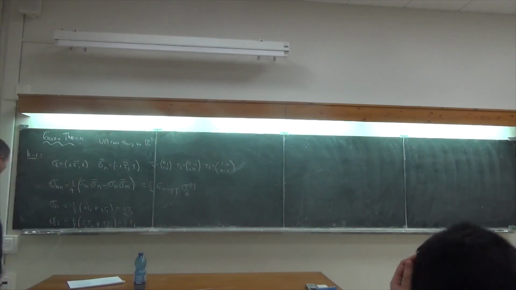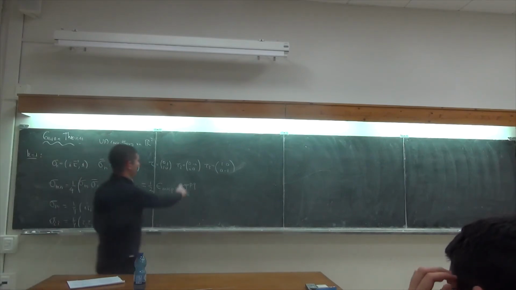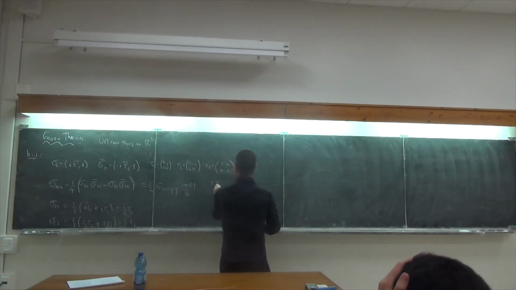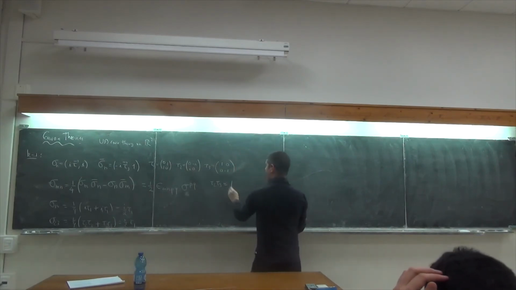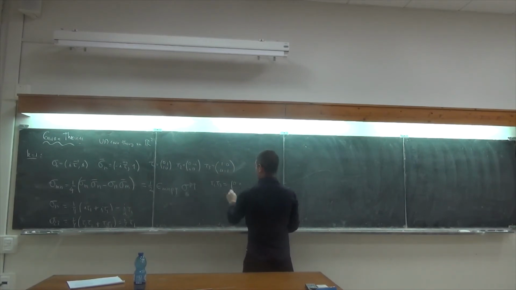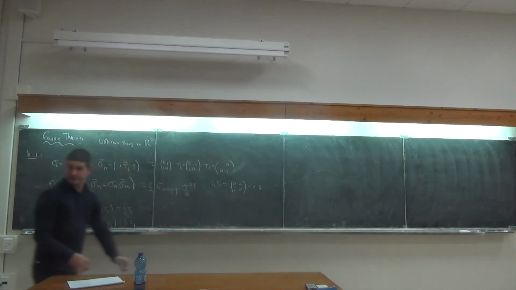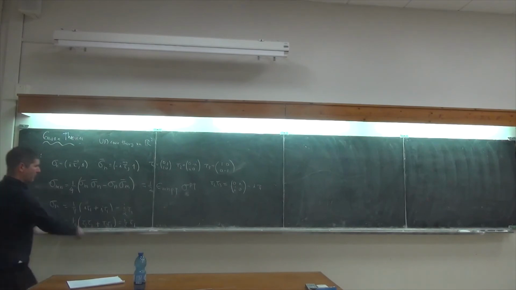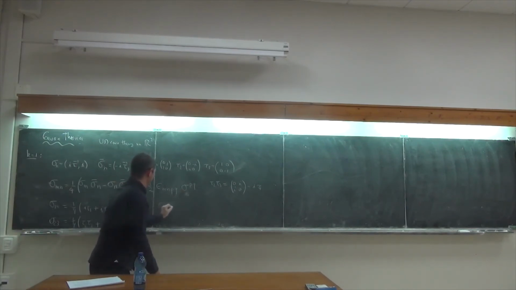This is correct. Therefore, you see that sigma 1/4 is equal to sigma 2/3, which is this statement, because sigma 1/4 is equal to epsilon 1/4 2/3 sigma 2/3.